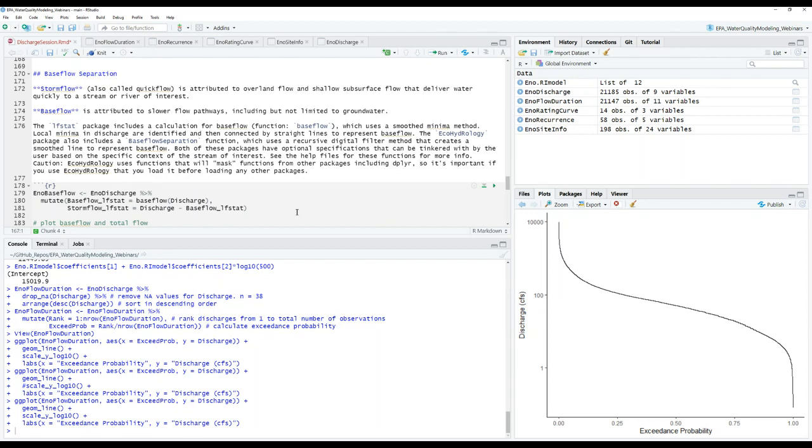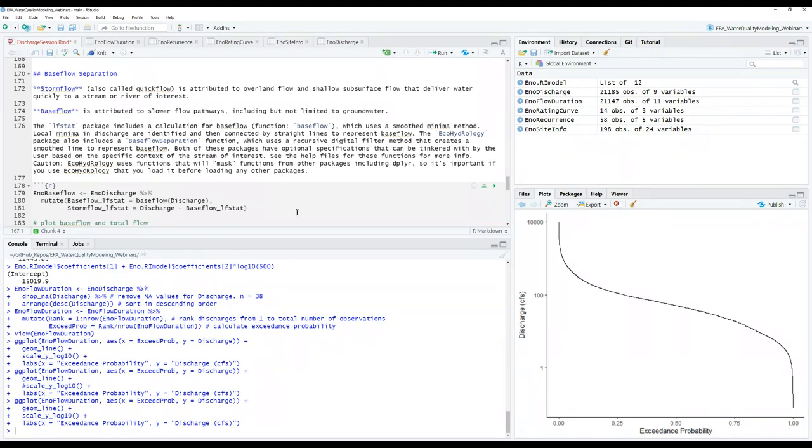Basically, if we look at our discharge in a stream over time, local minima will be selected for that specific hydrograph. And then those minima across days, across weeks, will be connected by straight lines to estimate base flow. I'll show an example in a minute of what that looks like if we calculate base flow with the lfstat package, which uses that smoothed minima method.